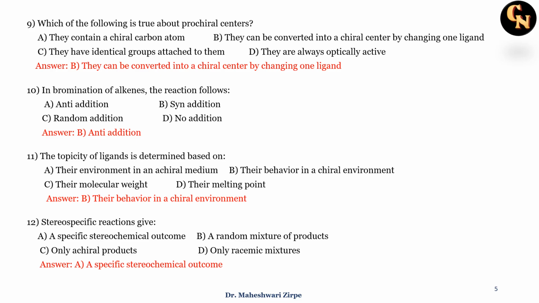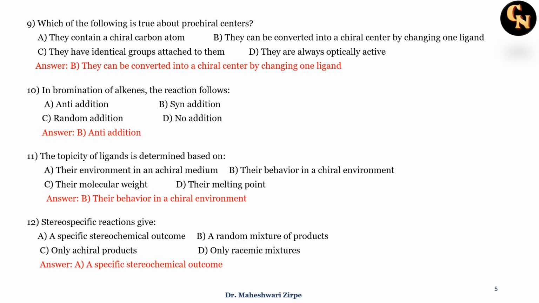Now in the next one, in bromination of alkene, the reaction follows dash. Whenever there is bromination of an alkene, it follows anti-addition. So here option B is correct. Next, the topicity of the ligand is determined based on dash.